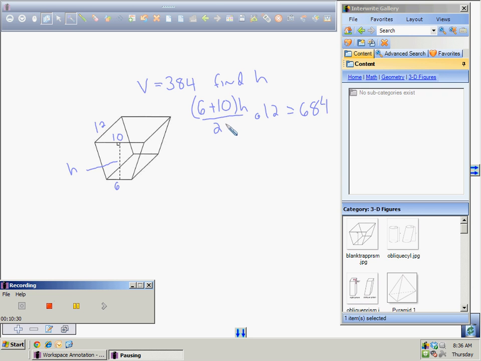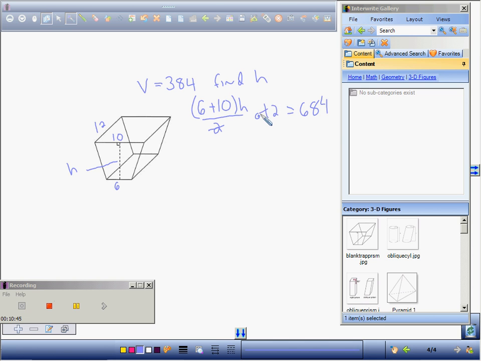And we always try to cancel things out, so a 2 goes into 12 6 times. And so over on this side, I get 6 plus 10, which is 16 times 6. What's 16 times 6? I believe that is 96 times h equals 384. And then I divide both sides by 96, and I get that h equals 384 divided by 96.